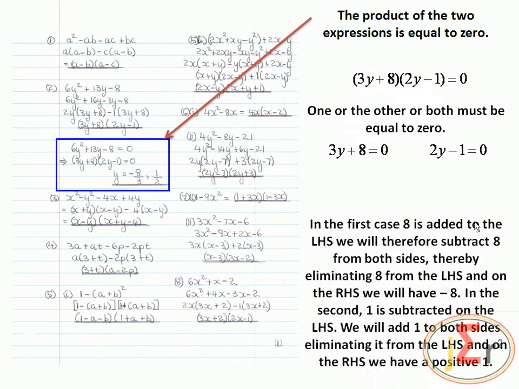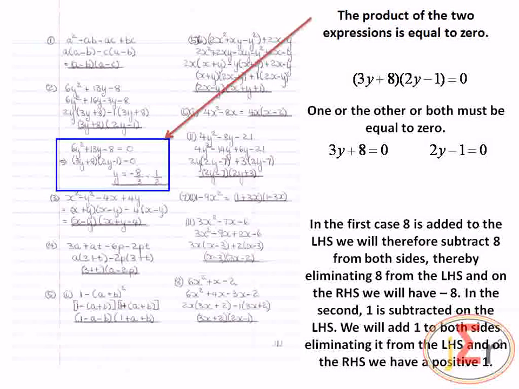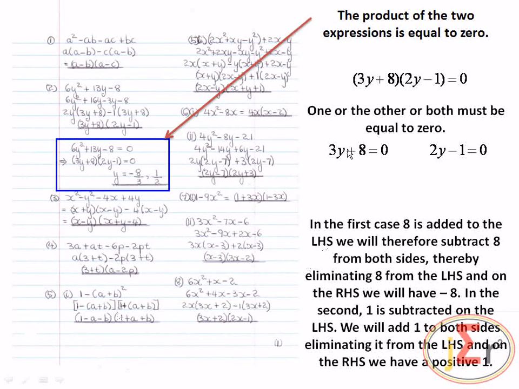In the first case, 8 is added to the left hand side. Notice, accompanying the unknown that we are attempting to find is a positive 8. 8 is added to that left hand side.